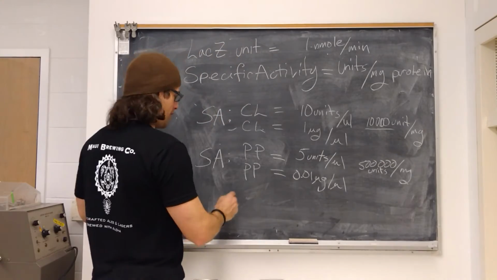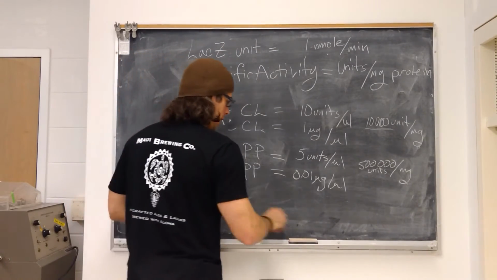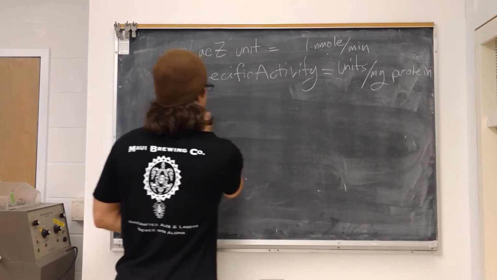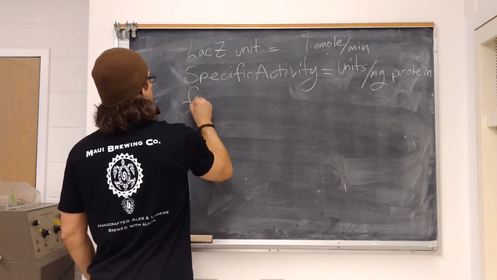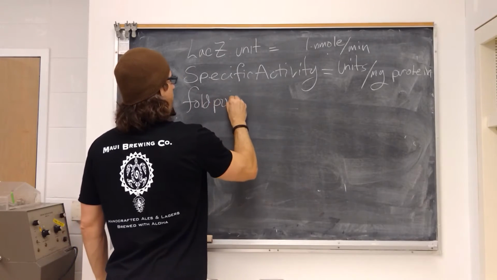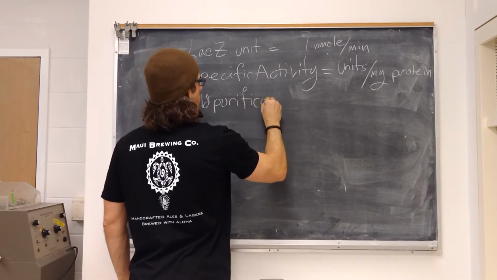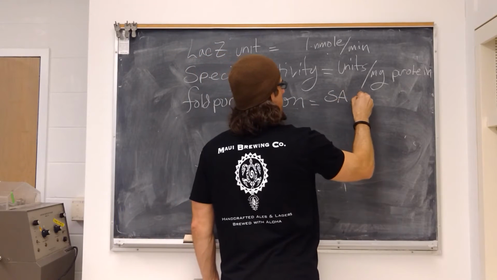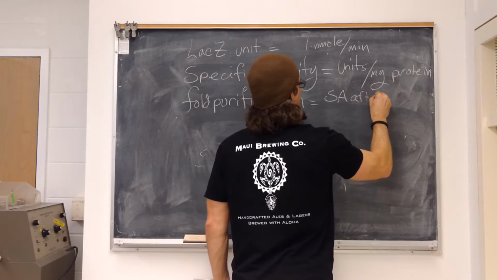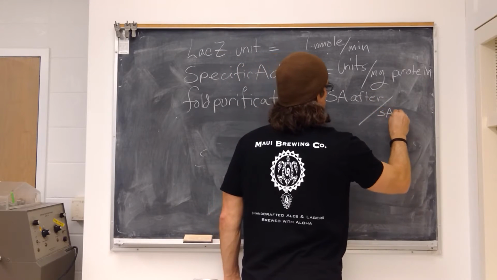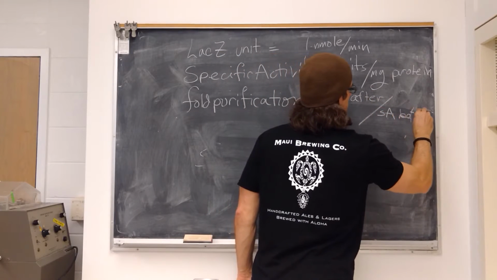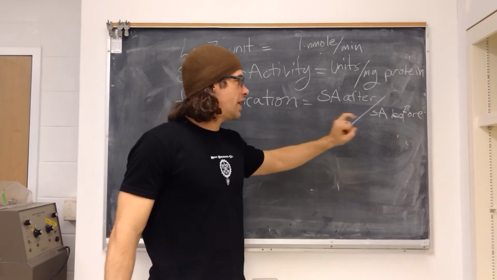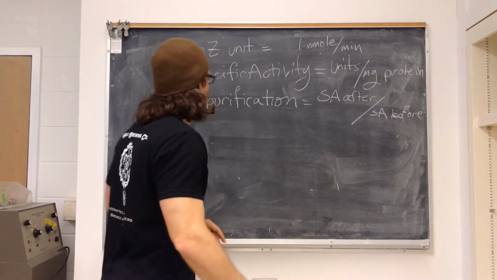What we then say is we have a fold purification of 50. So here's our little formula: fold purification is specific activity after versus specific activity before.